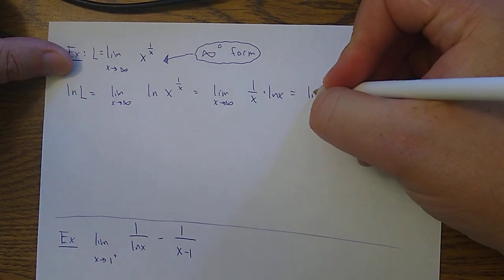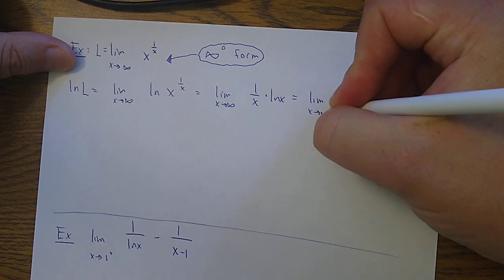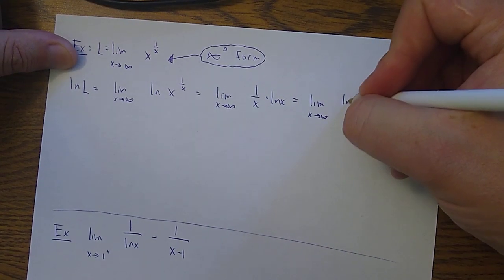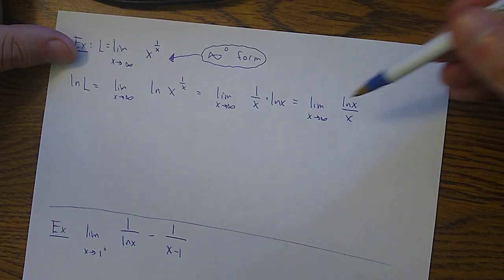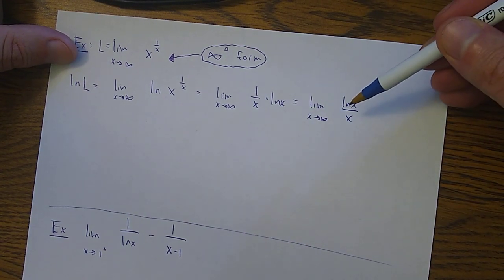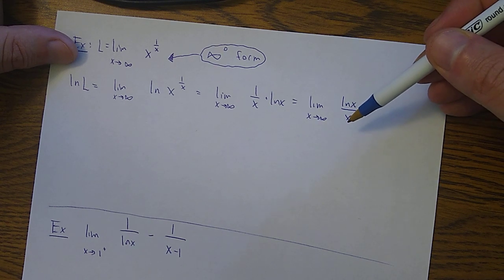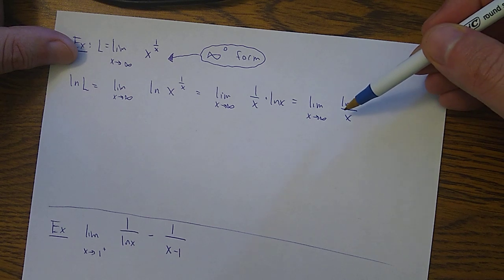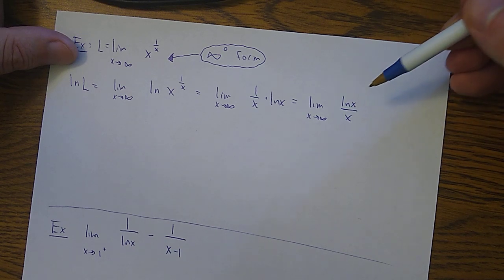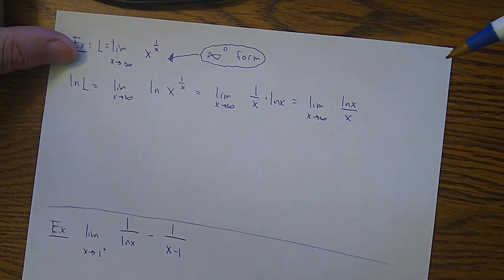Let me write this just as a fraction, natural log x over x. And now as x goes to infinity, the top goes to infinity and the bottom goes to infinity, right? We should know this. As x goes to infinity, the natural log of x does go to infinity.